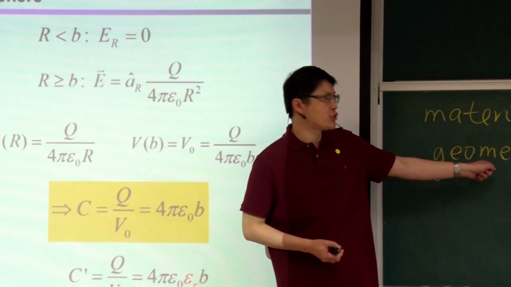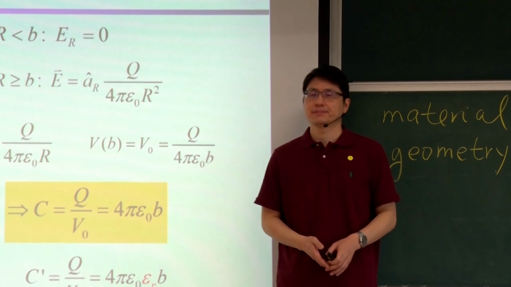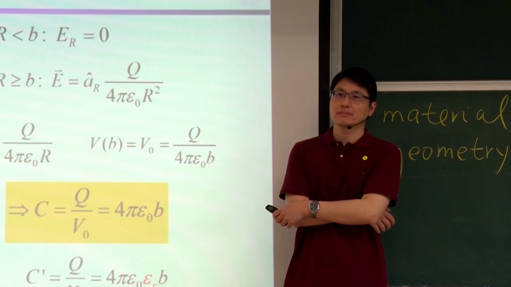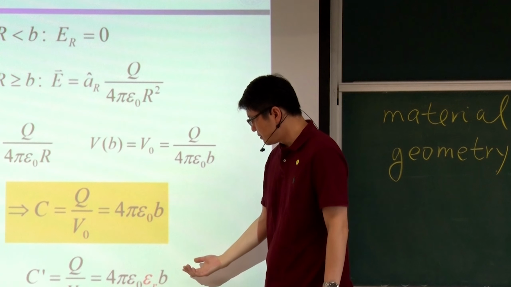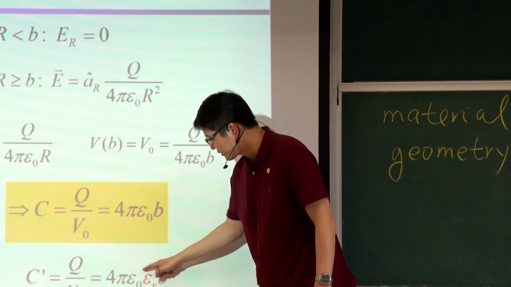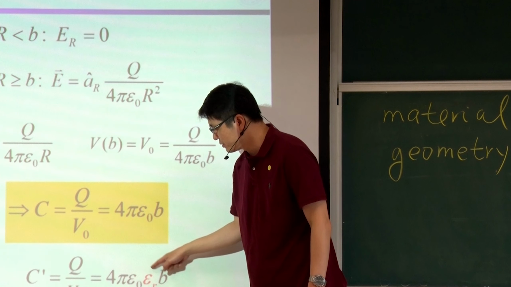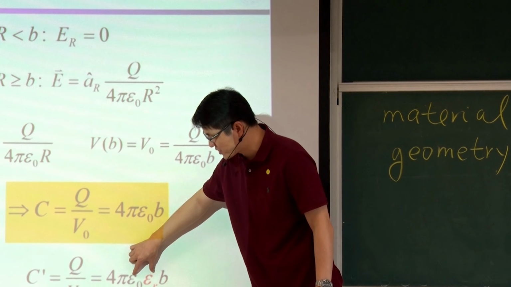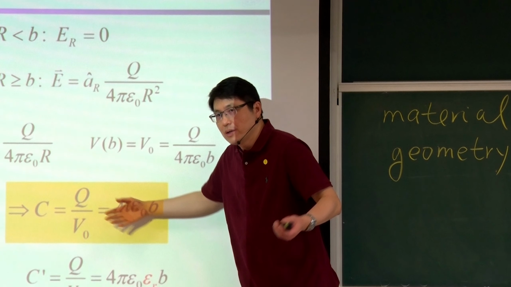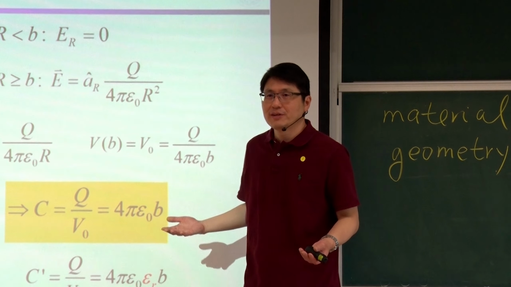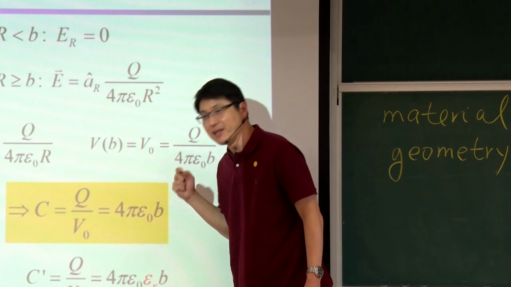What about the geometrical dependence? Take a good look. I mean, well, epsilon 0 times epsilon r is the absolute permittivity, and that takes care of the material response. What else do you have? 4 pi b.